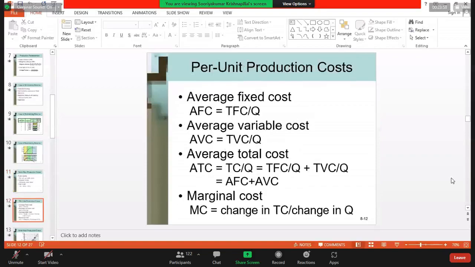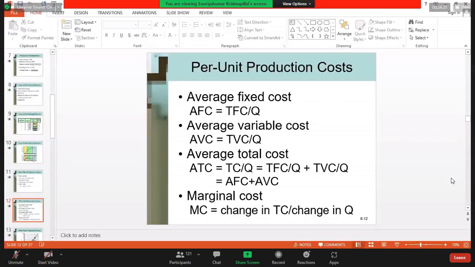Then average, the per unit production cost. Per unit production cost means average. Average fixed cost means the fixed cost per unit of output.